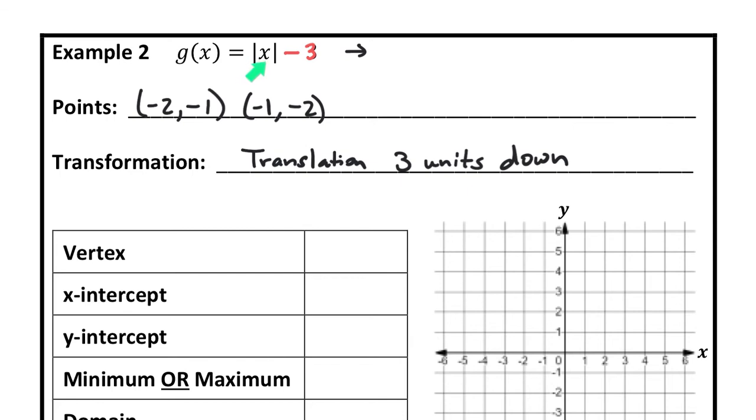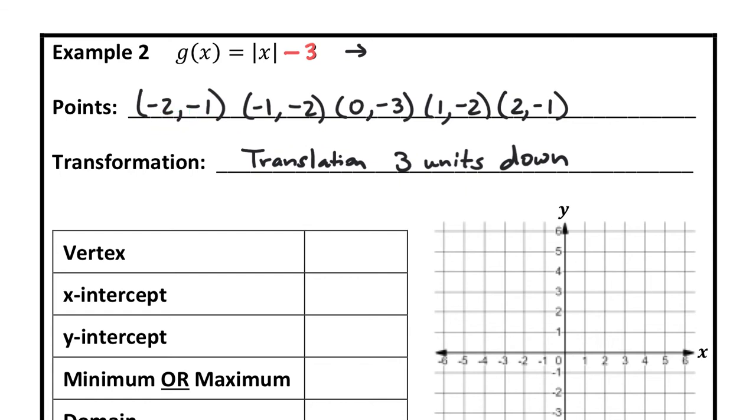Let's try plugging in 0. 0 minus 3 is negative 3. What about 1? What's 1 minus 3? Negative 2. Let's do one more. What if I plug in 2? What's 2 minus 3? Negative 1.